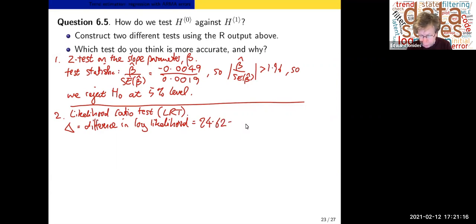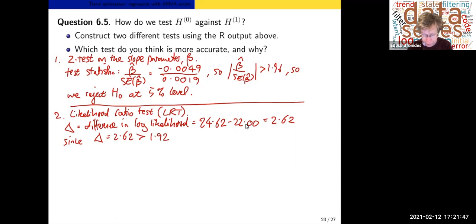And the other one, right, was 22.00, which is a difference of 2.62, and it's 1 degree of freedom. We know what the likelihood ratio cutoff for 1 degree of freedom is here, which is 1.92. Our difference is bigger than that.